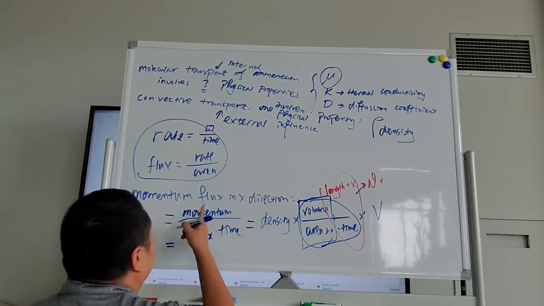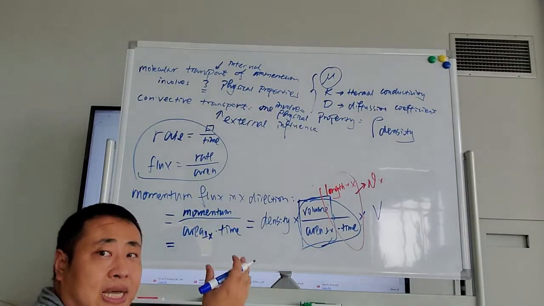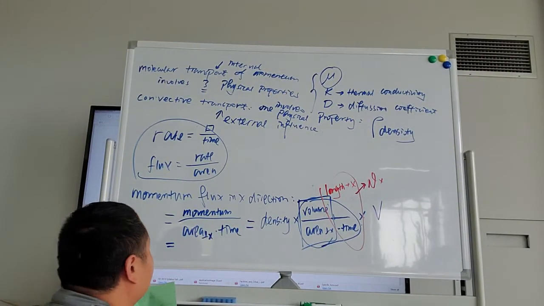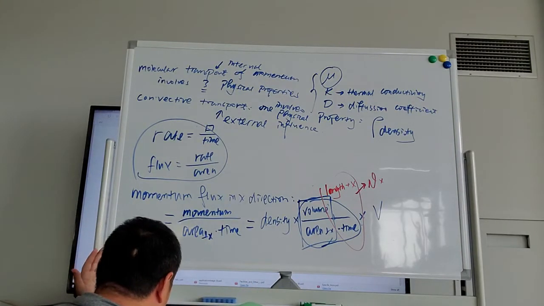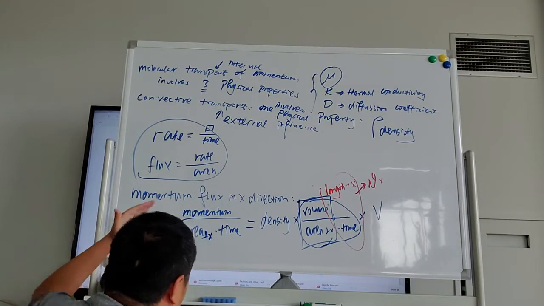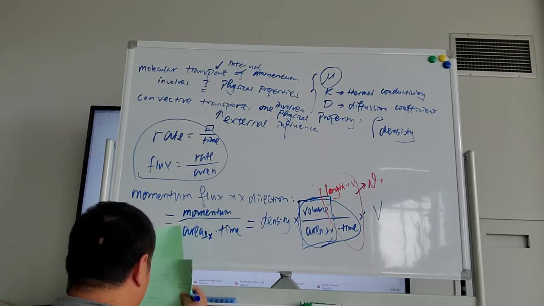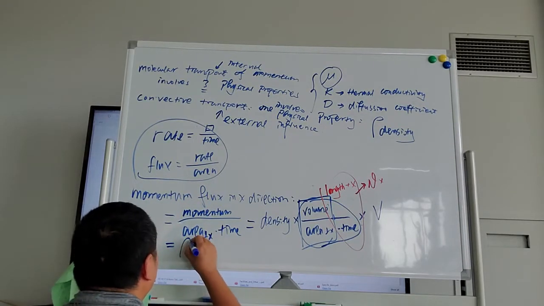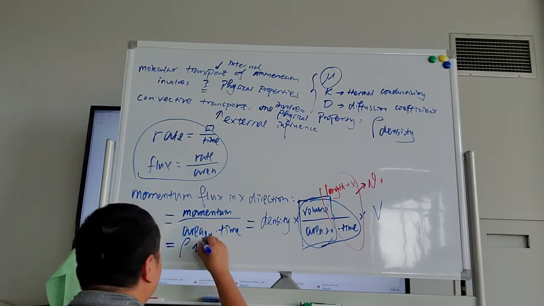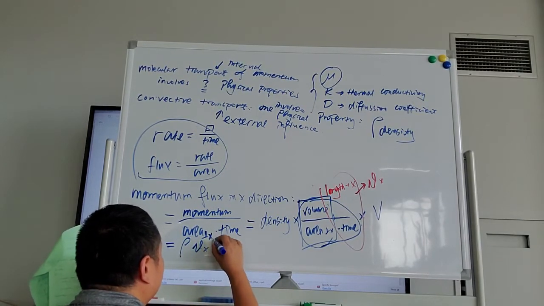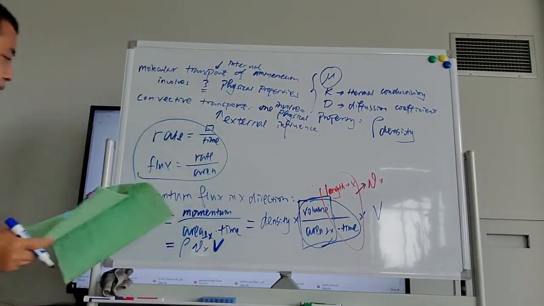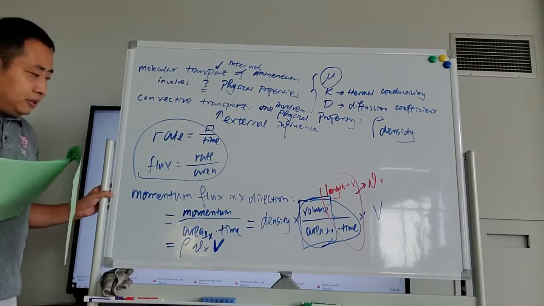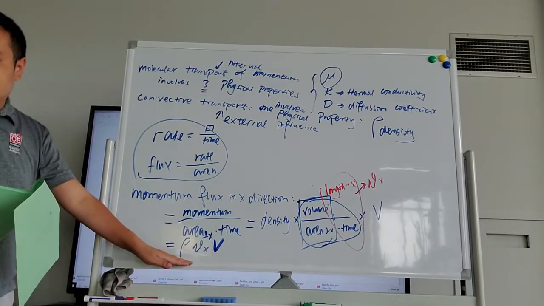So then, for the momentum flux in x direction, or the momentum flux related to the area which is perpendicular to x, we can get the expression rho Vx V. So this is what we can get.